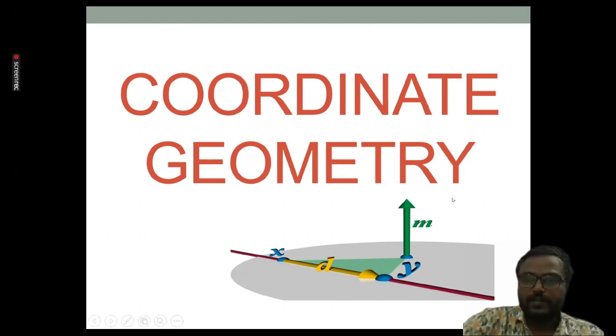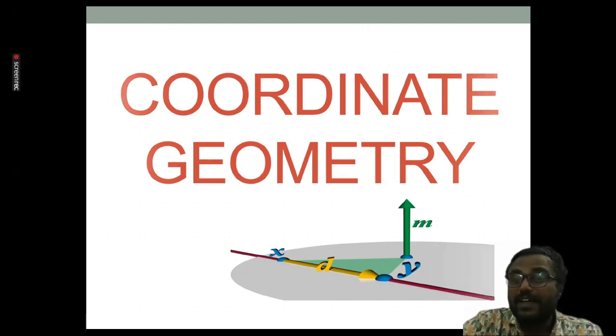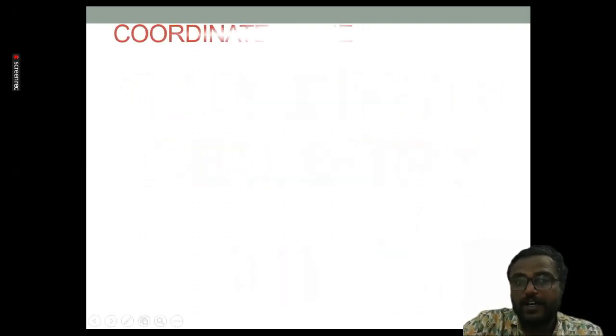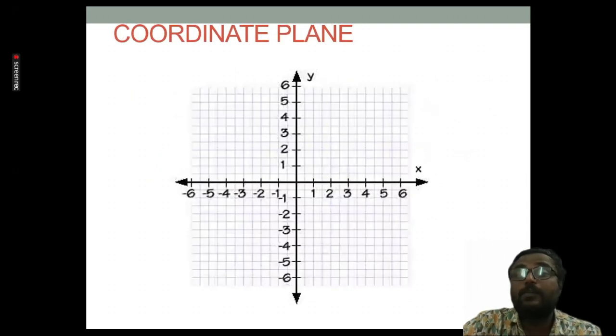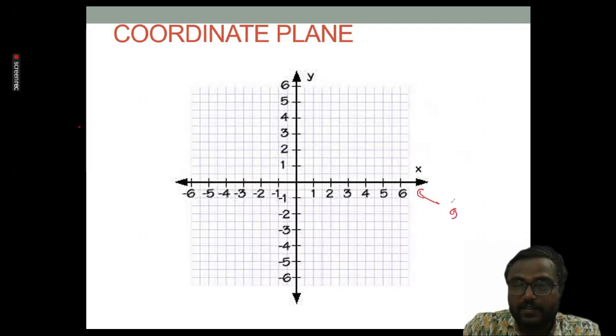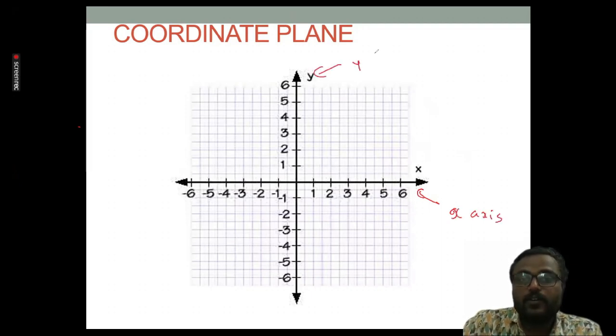Okay, so guys, let's move on to the first slide of this class, wherein we'll be learning about the coordinate plane. So what exactly is a coordinate plane? Basically it is a two-dimensional plane which has this axis known as the x-axis, and this one known as the y-axis.